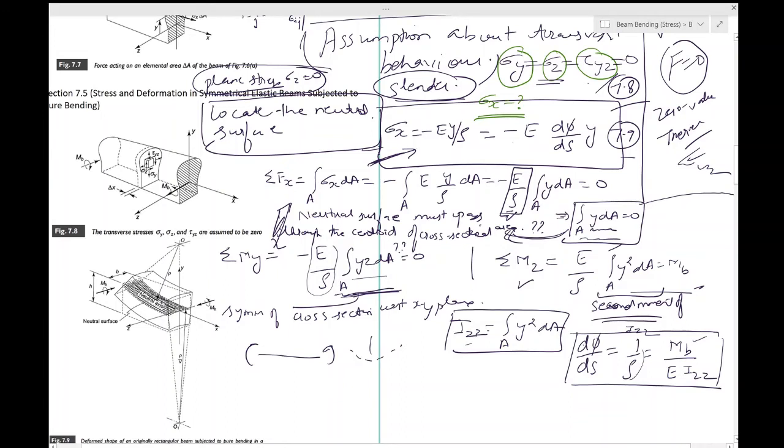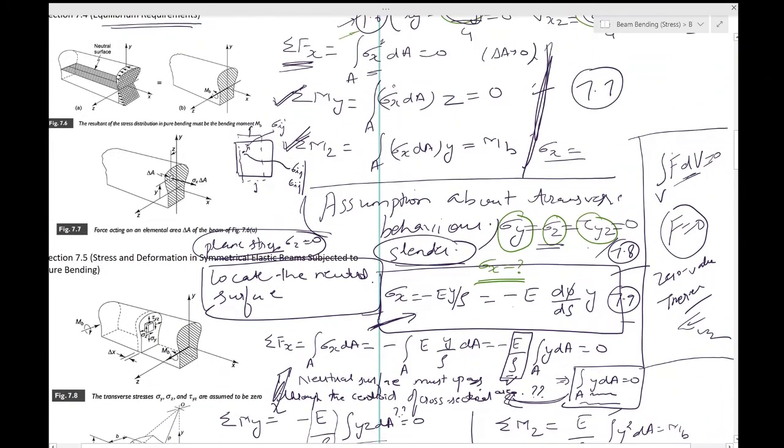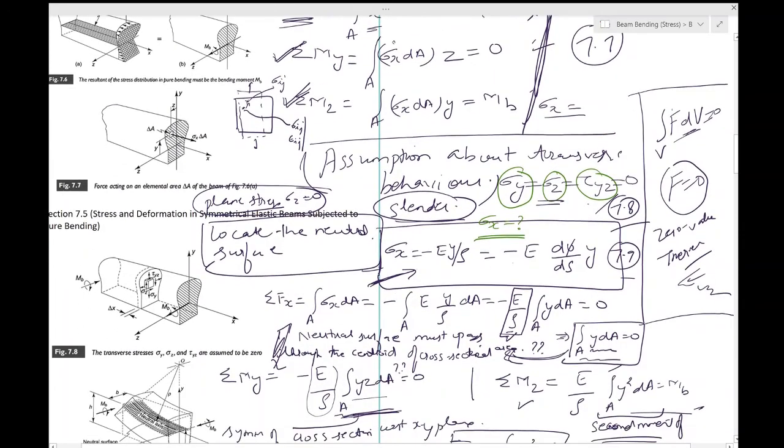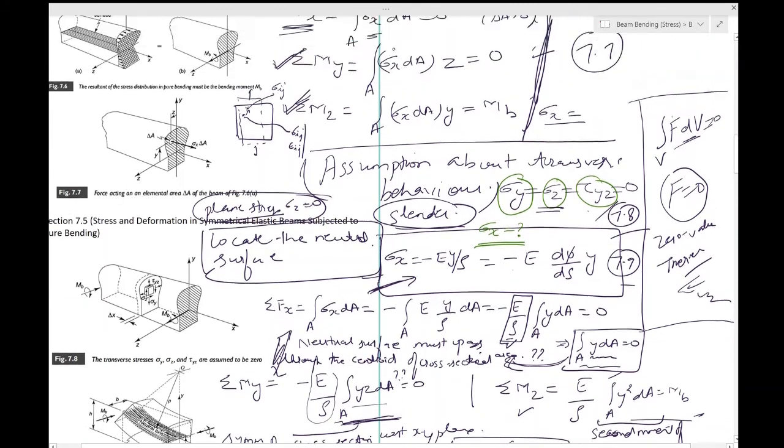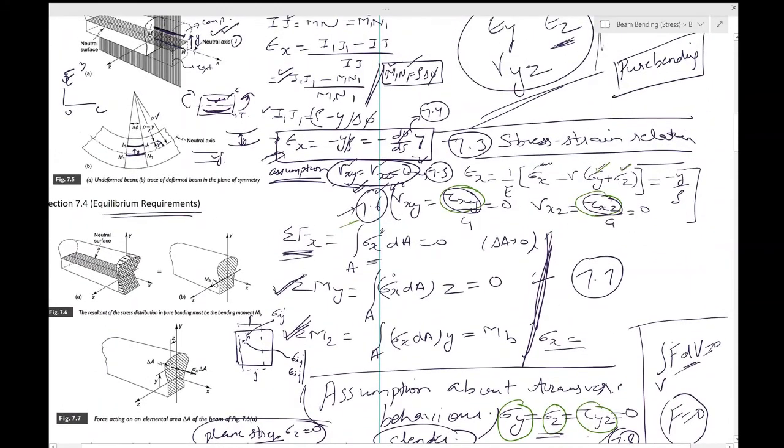Now you want to substitute this equation in the earlier expressions of strain. So epsilon x is equal to minus Mb y by E Izz. I think this expression is in 7.4, this one.